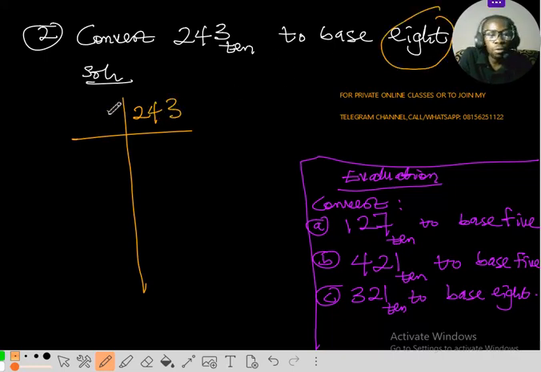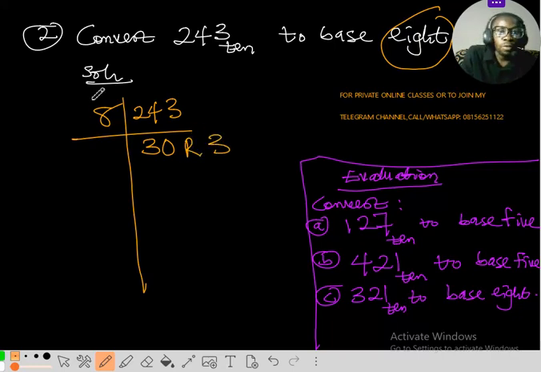That means I'm expected to divide this by what? 8. So go with 24. 24 divided by 8 is going to go 3 times, and add 0 to this. So let's call it 30. 240 divided by 8 will be 30, then remaining what? 3.